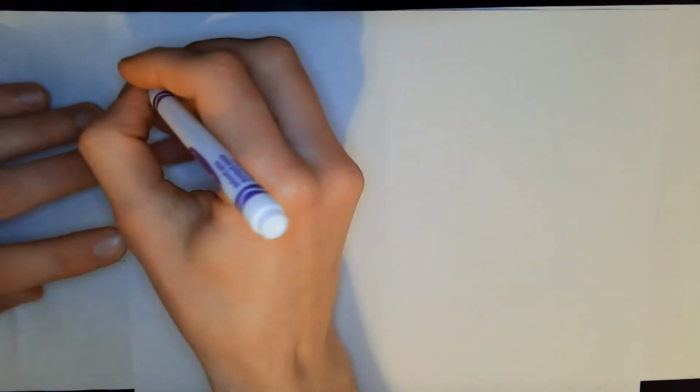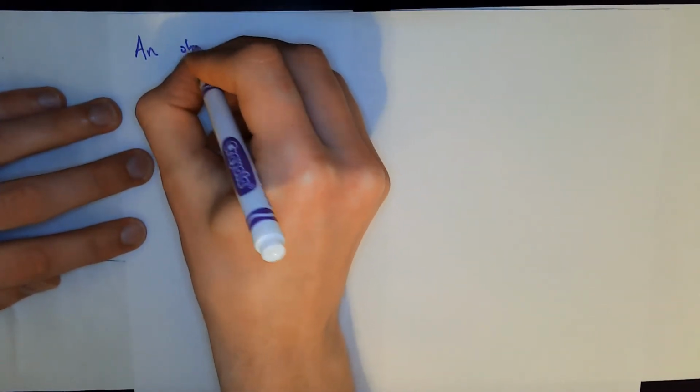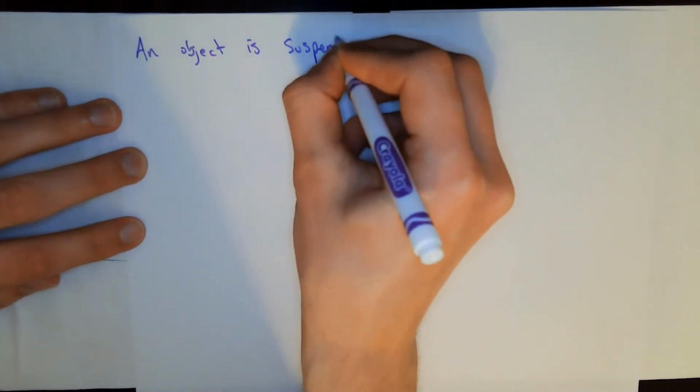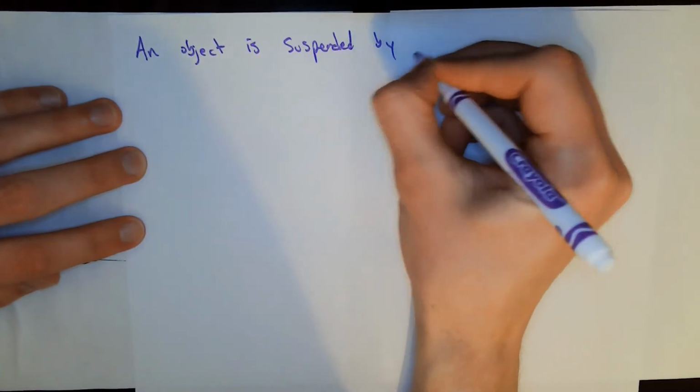So let's look at vertical motion now. We've considered strictly horizontal motion. Let's look at vertical motion now, except in the first case there's going to be no vertical motion, but at least vertical forces. So let's say an object is suspended by a rope.